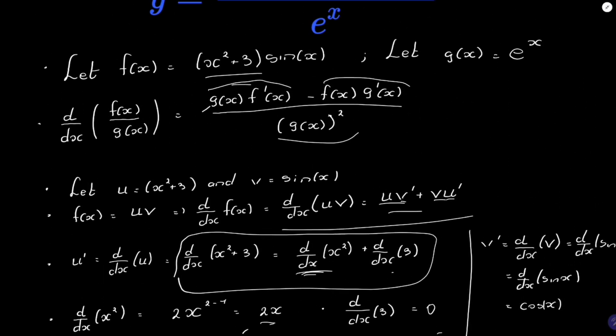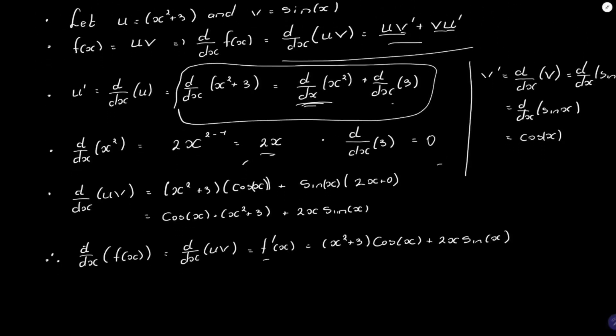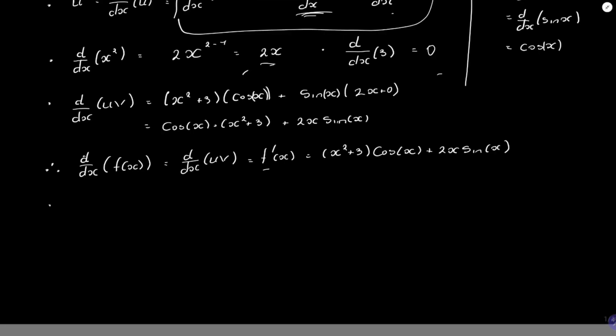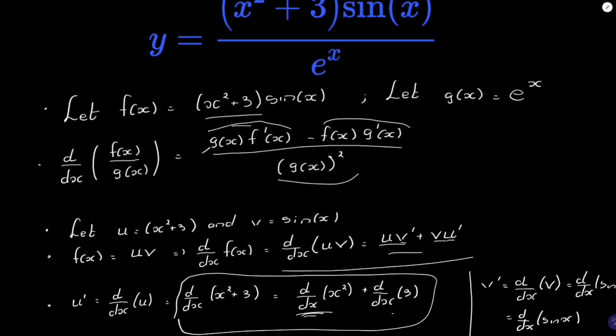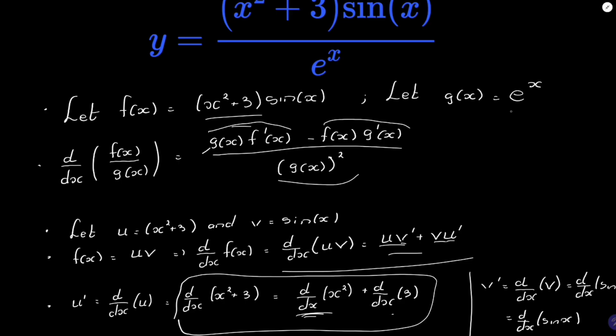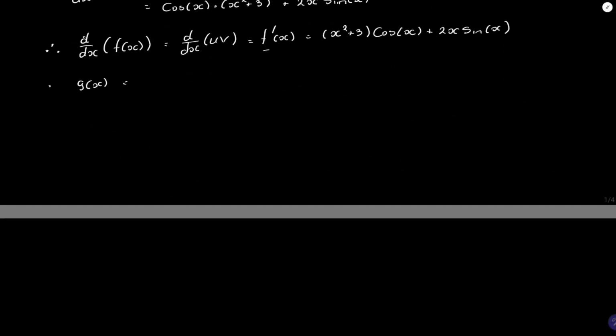Now let's move on to g prime of x. First of all, we need to recall our g of x, and our g of x is the function e to the x.